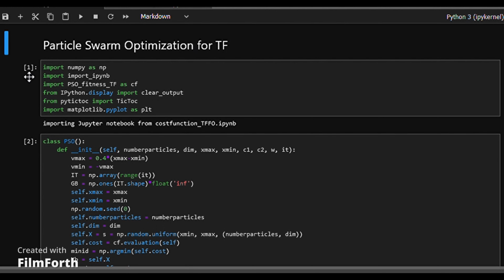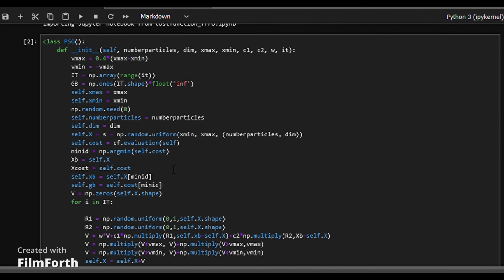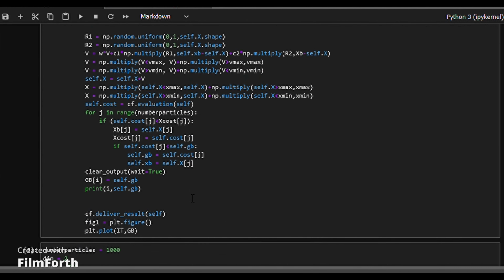We have the libraries, the definition of the function with the initial number of particles, dimension, max, min, C1, C2, W, which is the inertia concept, and the ET. Well, we have all the structure for this.